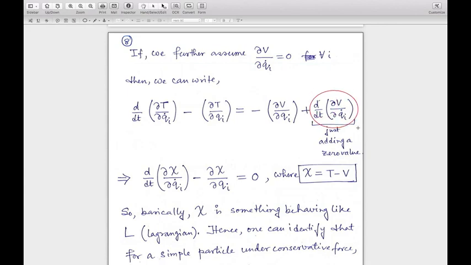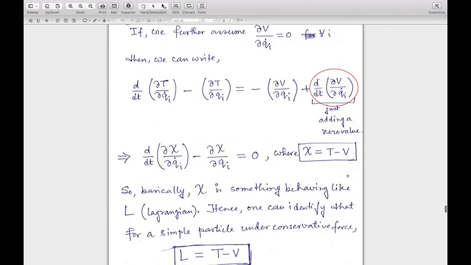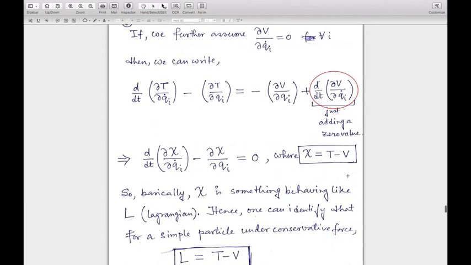I can add any time a 0. Now if you take this one on this side, you define a new function chi, which is equal to T minus V, and which satisfies finally the relation d/dt of ∂chi/∂q_i dot minus ∂chi/∂q_i is equal to 0, where chi is T minus V. Just observe, T contains q_i dots, V contains q_i's, and it can also contain time explicitly if you want.